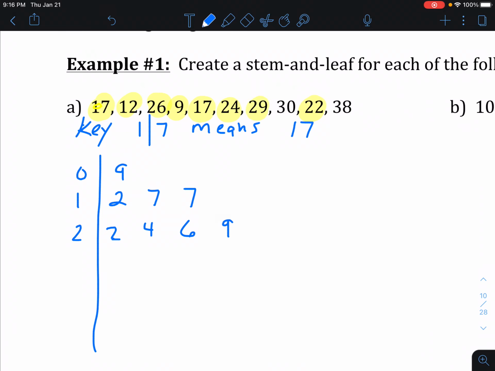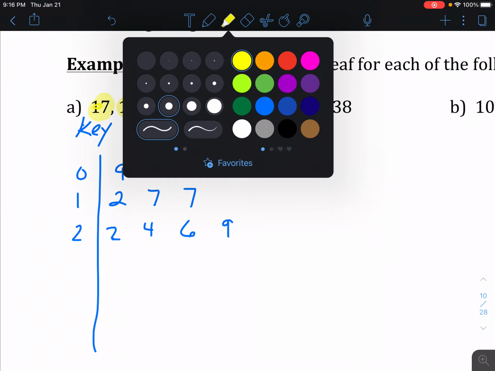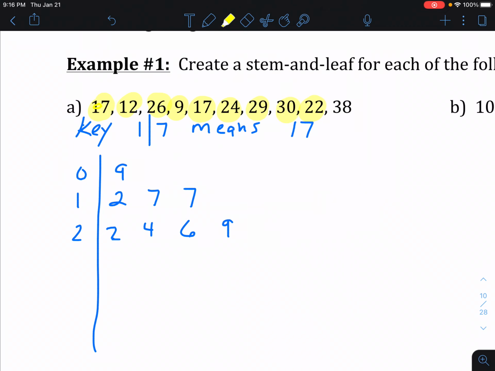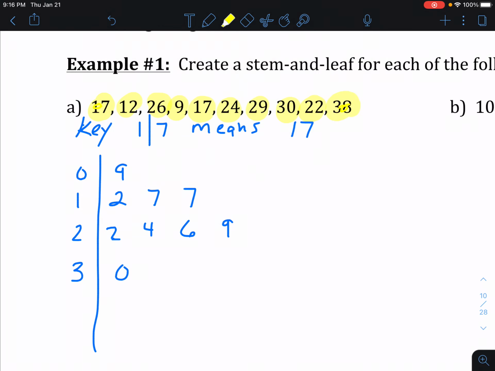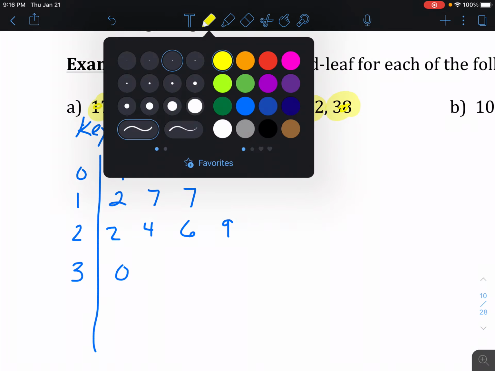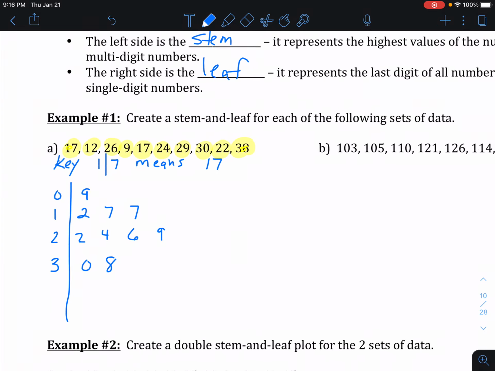And then we go to the 30s. So we got 30, so another stem, 30. And then finally, the 38 at the end. So there it is. That's your stem and leaf plot.